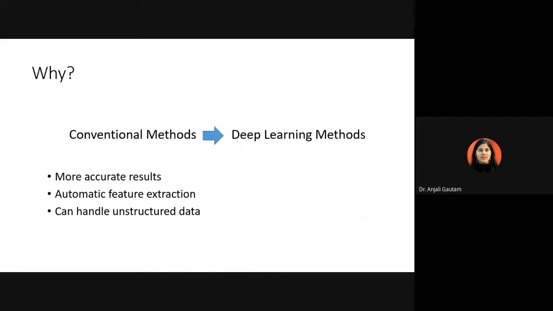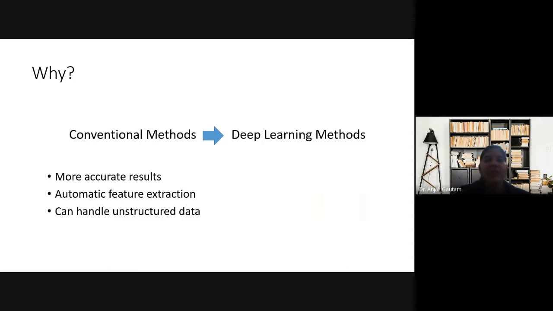So why have we come from conventional methods to deep learning methods? One reason is that deep learning methods give you more accurate results, and automatic feature extraction is there. You don't have to give the features. Otherwise, in the conventional method you have to perform pre-processing and segmentation, then find the features, and then give those features to the machine learning models.